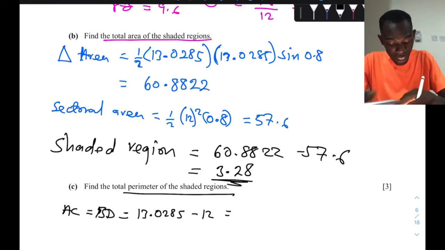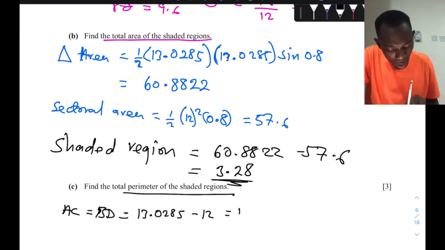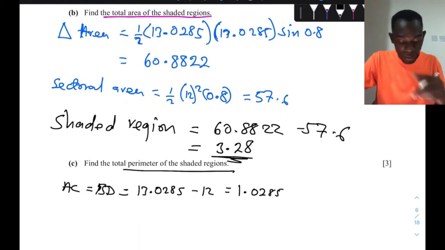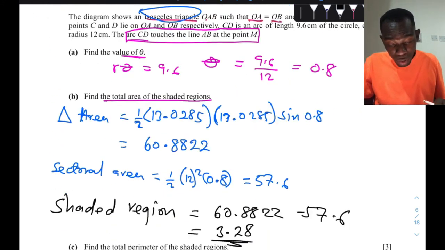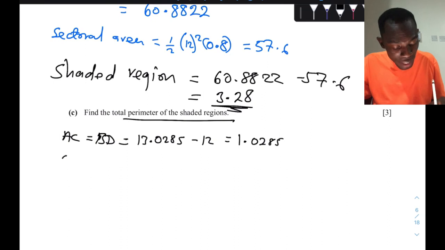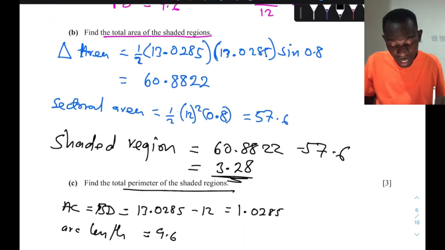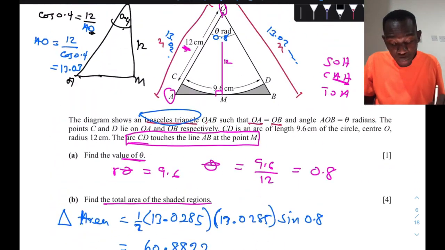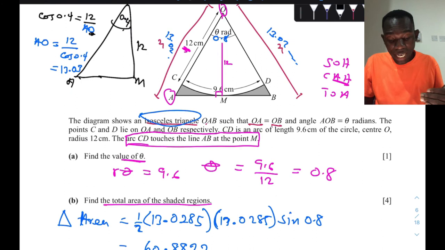And that will give us 1.0285. We don't need a calculator for this. Then the next thing we know is that they also gave us the arc length, 9.6. So the real thing we have to do is to find the value of AB.